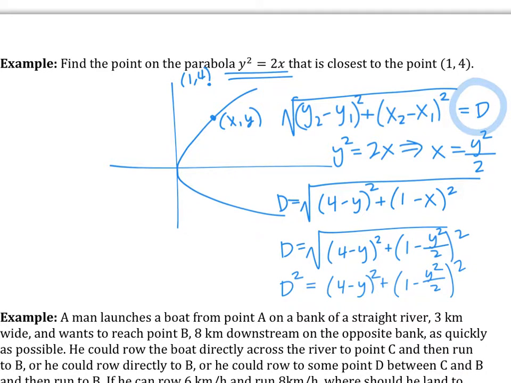This is the one with the parabola, and we had to find the closest distance to (1, 4), which yesterday Joseph already told us was (2, 2). But we got to find this algebraically. So that's the third problem. We got to this point.